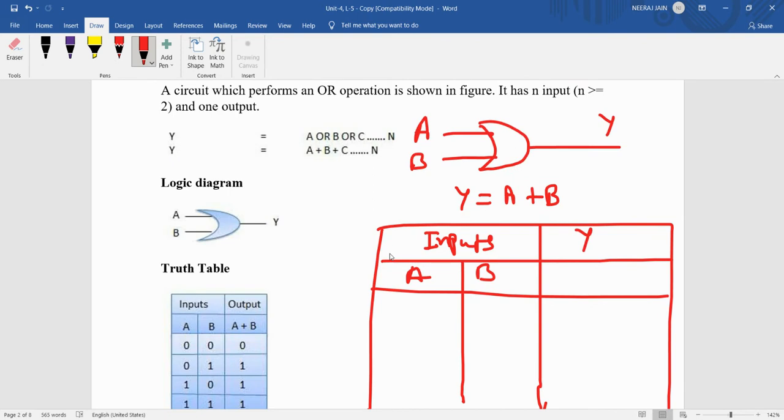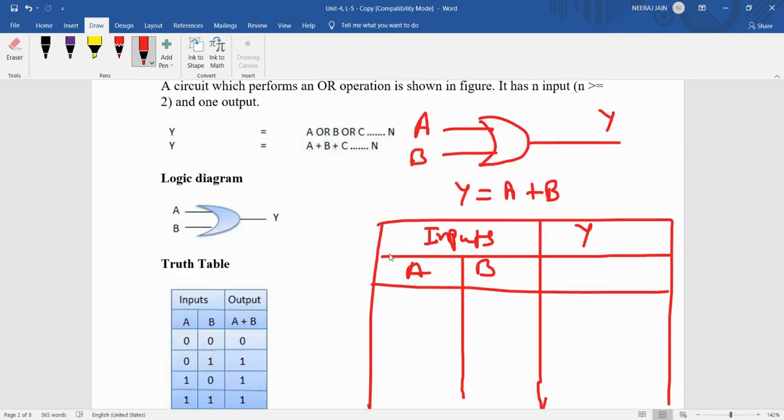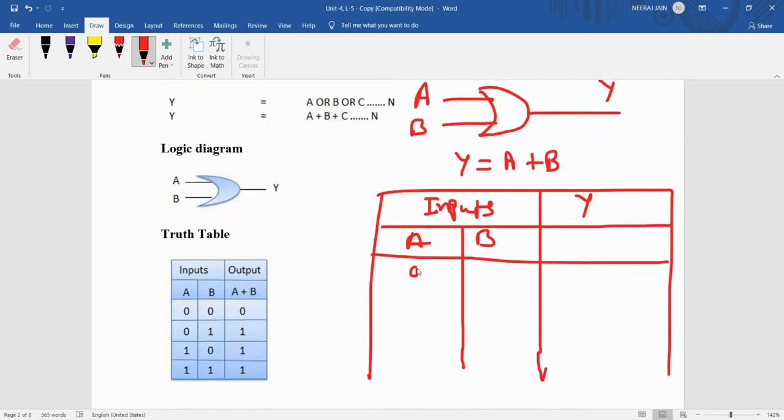If we are giving 0 0 input, then output will be 0. If the input is 0 1 or 1 0, then output is 1, and 1 1, then output is 1.